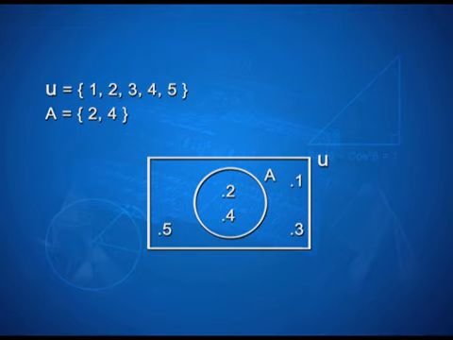These Venn diagrams will be extensively used when we discuss the operations on sets. As we all know that when we perform the operations of addition, subtraction, multiplication and division on numbers, we get a new number. Similarly, if we perform certain operations on sets, we get a new set.